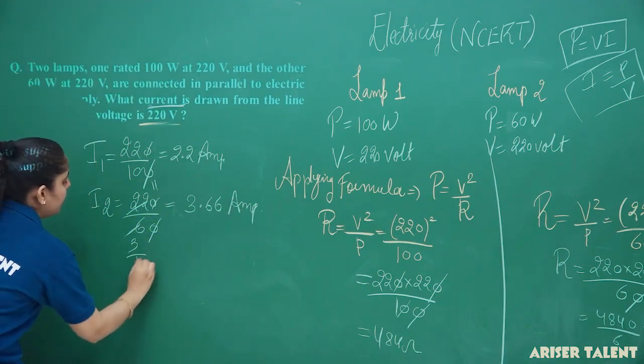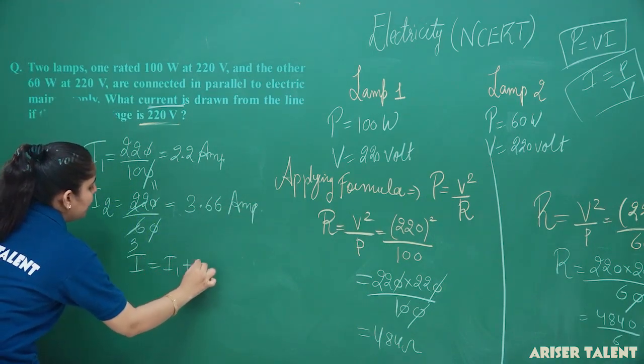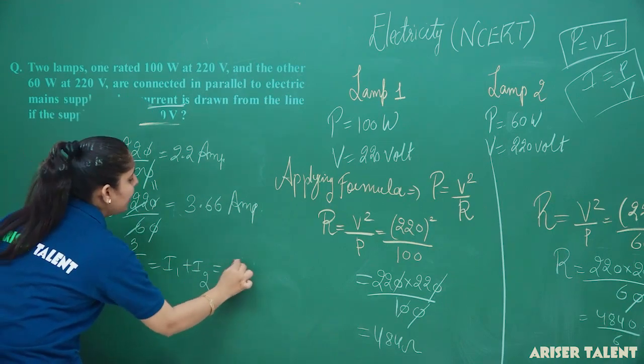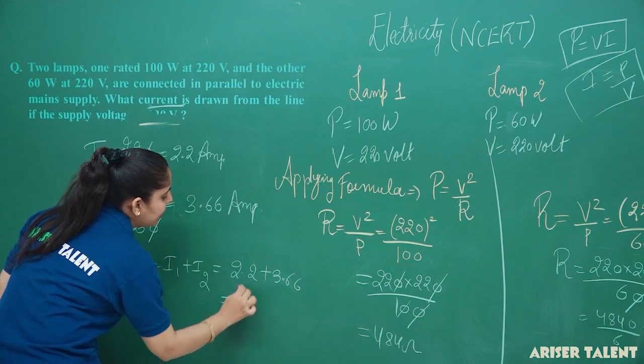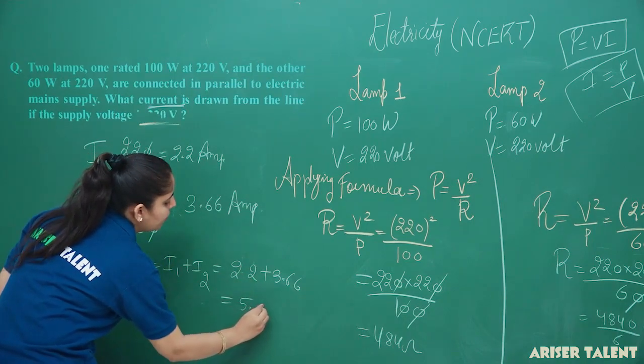So, the total current drawn from the wire will be I1 plus I2, and it is equal to 2.2 plus 3.66, and it came out to be approximately equal to 5.86 ampere.